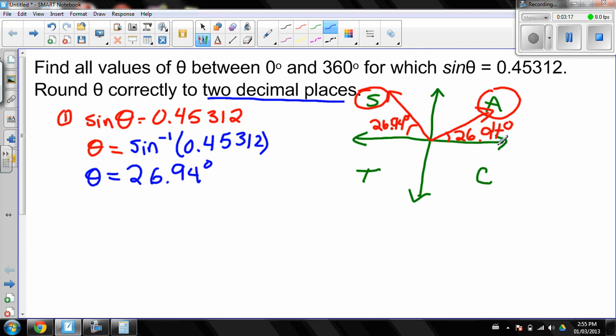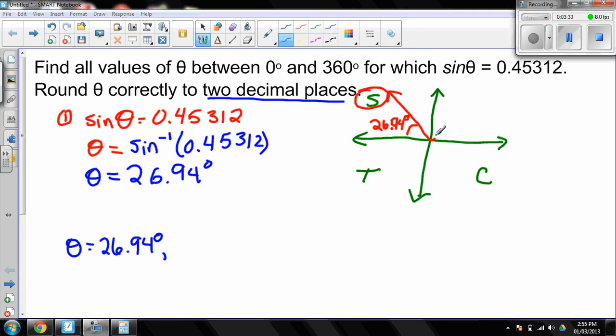One of my answers is simply 26.94 degrees. So we could say theta equals 26.94 degrees down here, and it's going to equal something else. That something else comes out of your second red line. Okay, so I've just erased our first quadrant here, just so we can remember we're only working in our second quadrant.